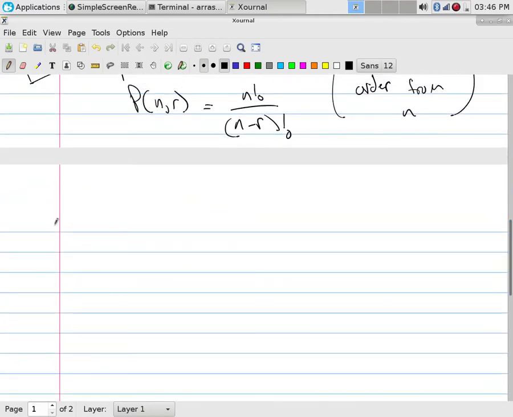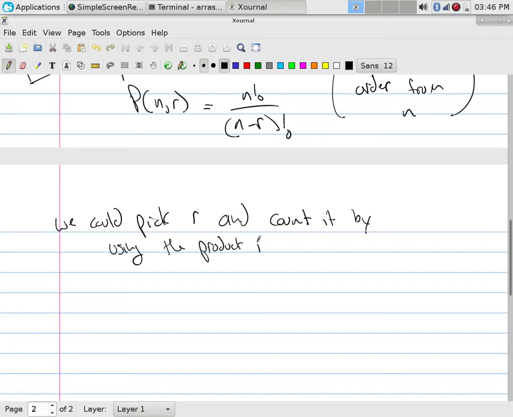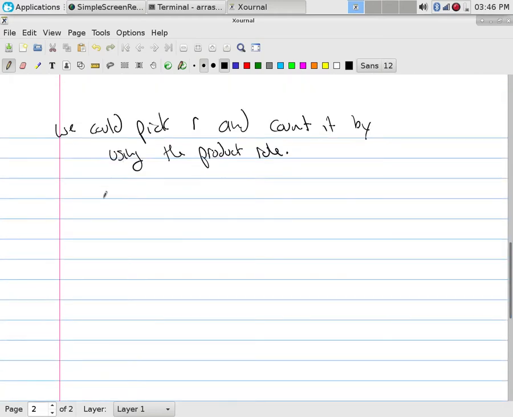One thing to notice is that we could actually do this without using factorial notation. We could count picking r by simply using the product rule. If I want to pick r from n, how many ways are there to do this?